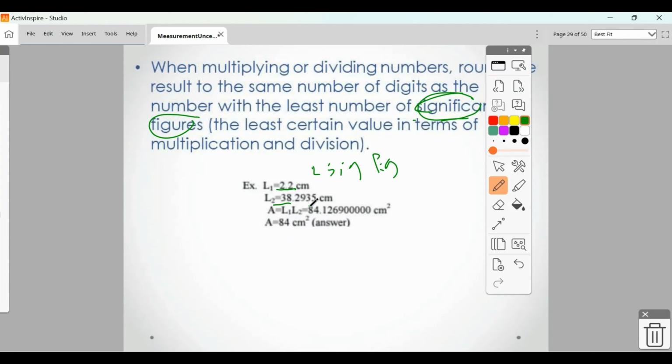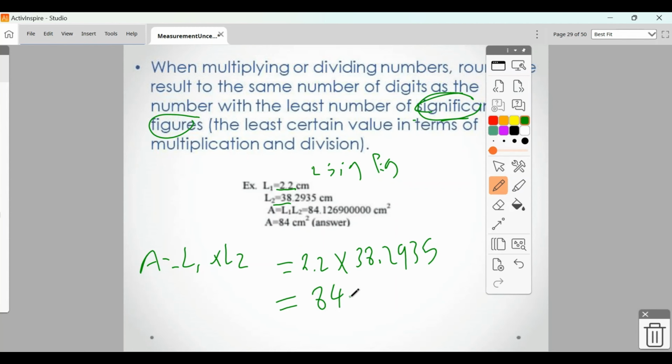I want to multiply these two numbers, L1 times L2, to find the area. So when I multiply 2.2 times 38.2935, my answer is 84.126900000.